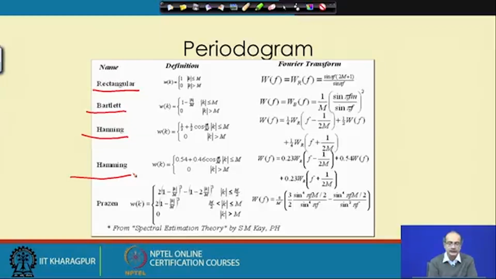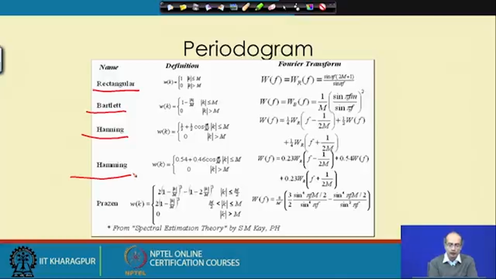Among these, if we take the simplest one, the rectangular window, it has the smallest 3 dB bandwidth, okay, but the attenuation of the side lobe is very small at the same time. So, it has very strong side lobes, that is the demerit of it.